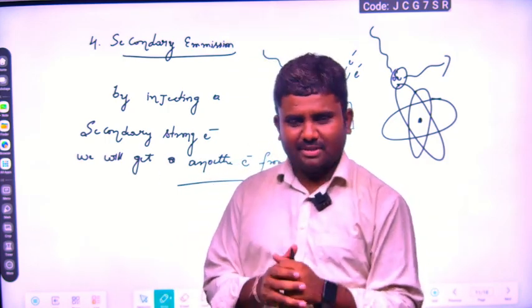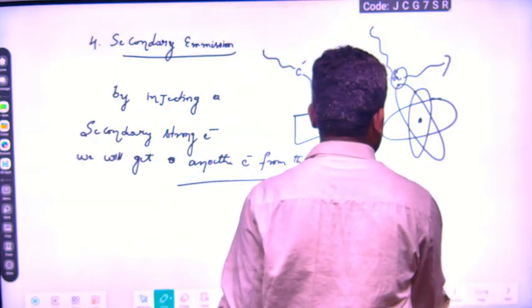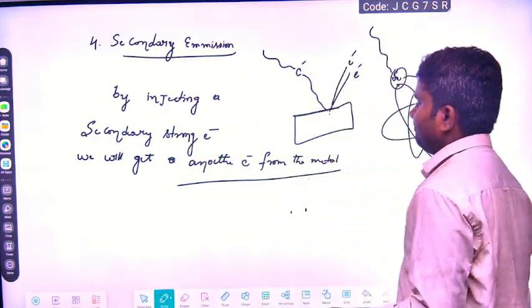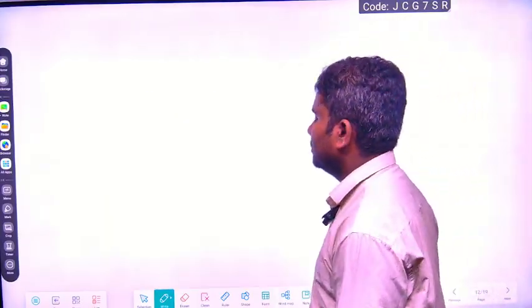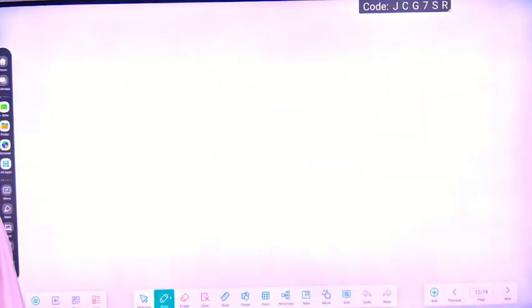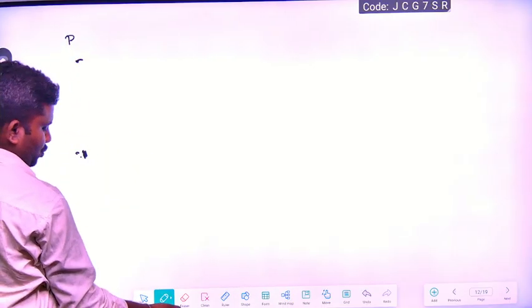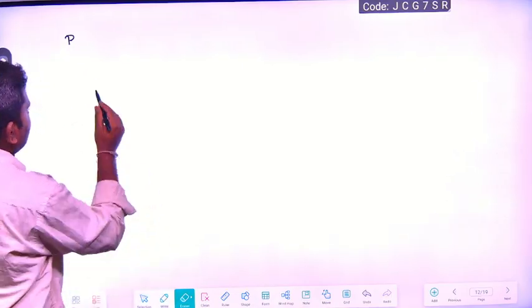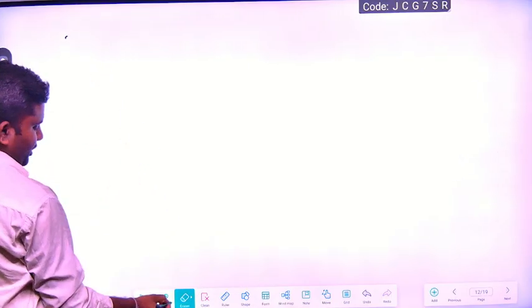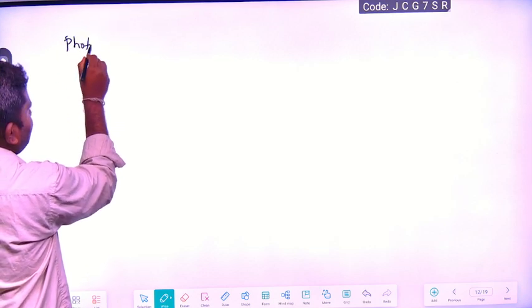Understood? Now please take the heading: photoelectric emission, photoelectric effect. We are interested in studying this photoelectric effect.